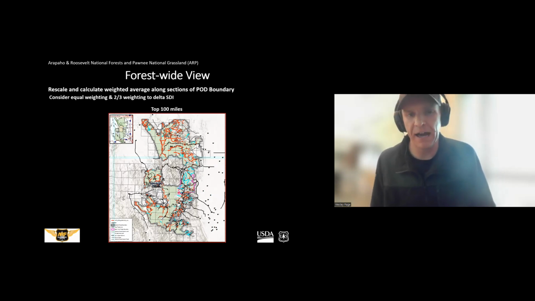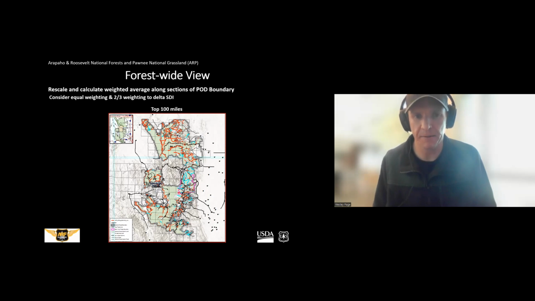They're likely to impact areas with a high burn probability, near some high value assets in terms of WUI and infrastructure. This map is the whole forest. You can see the highlighted area is the top 100 miles that were identified in that analysis. I clipped this; there's a lot of private lands in there. This is not including that, but it could. So that's just forest only on the top 100 miles.